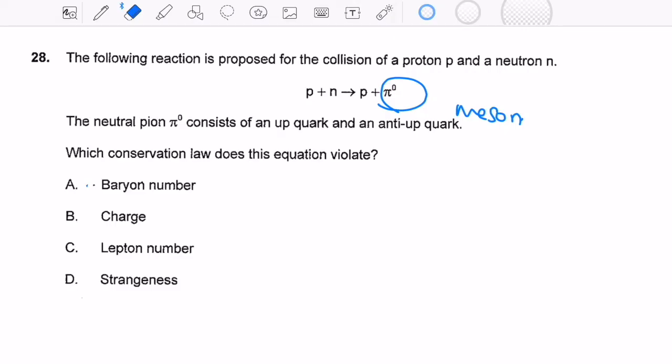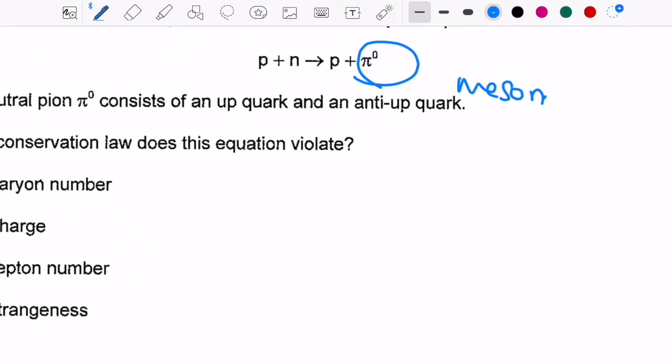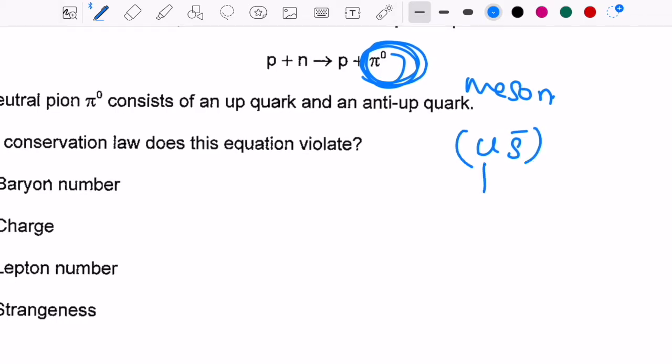If you look at this equation, we should know this one is a pion, or a meson. Whatever the quark composition, let's say up and anti-strange, it is made of a quark, any quark is okay, and an anti-quark.